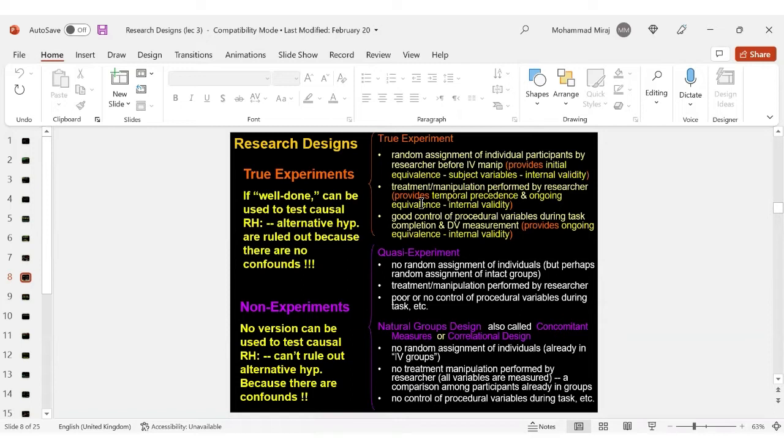Is 0.003 greater than 0.05 or less than? It is less than. But what does it mean?